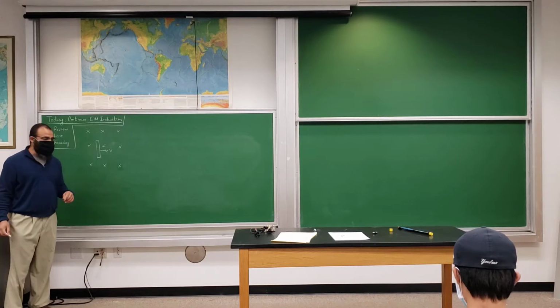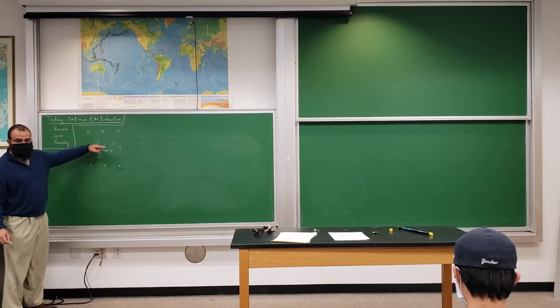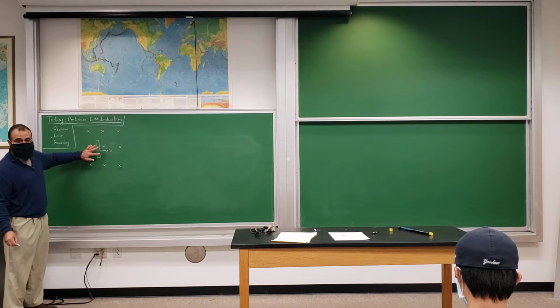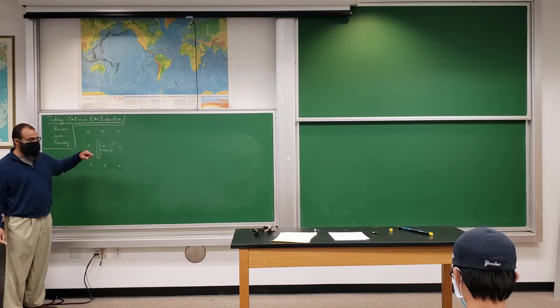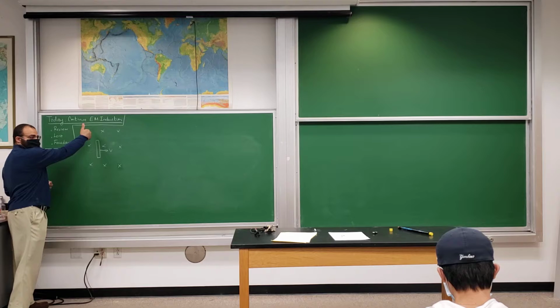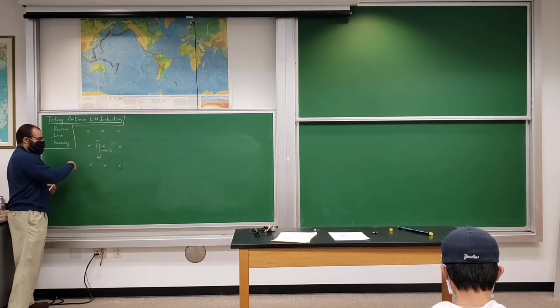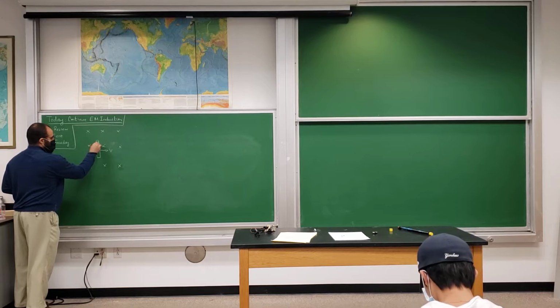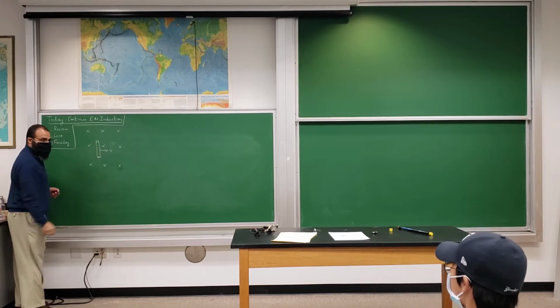The motion is this way, so every single piece of the rod is moving to the right. The magnetic field is in. So the cross product, V cross B, V is this way, B is this way, so V cross B will be this way. So positive charges will move this way, and negatives will move this way. So this end of the rod will be plus, and this end of the rod will be minus.